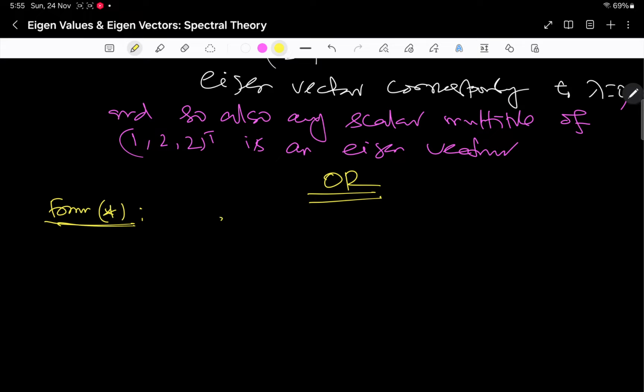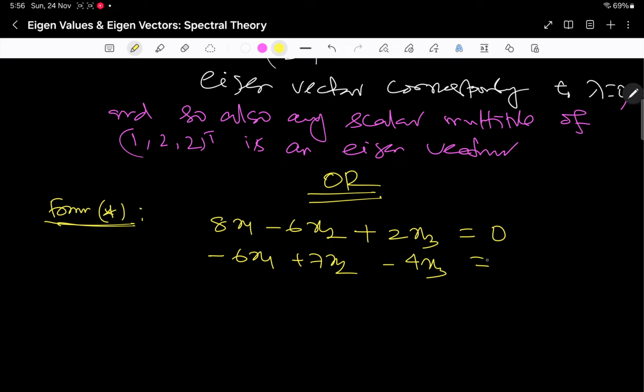It is here 8x1 minus 6x2 plus 2x3 is equal to 0. The second row will be minus 6x1 plus 7x2 minus 4x3 is equal to 0. And the third row will give you 2x1 minus 4x2 plus 3x3 is equal to 0.